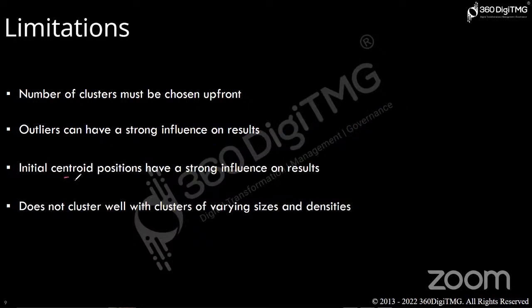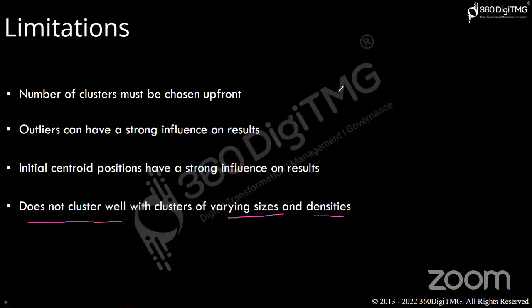Now, initial centroid positions have a strong influence on the result. Whichever cluster position we are discussing, this will have a strong influence on the result. If this is not chosen correctly, your clusters will not be formed correctly. And it does not cluster well with clusters of varying size and density.